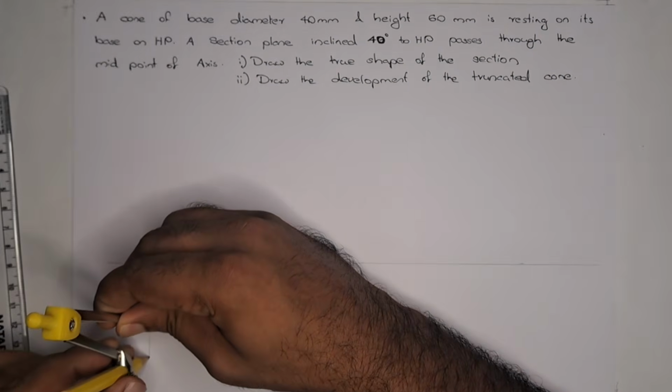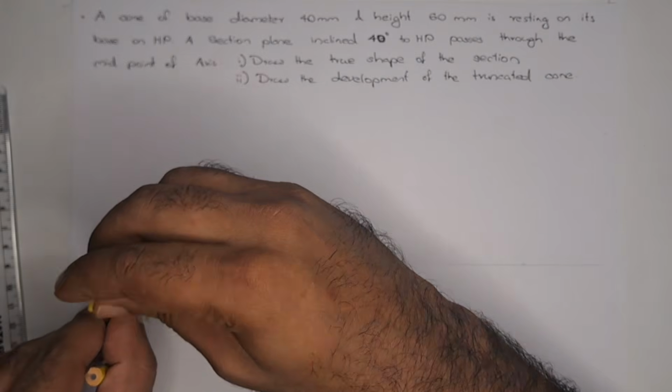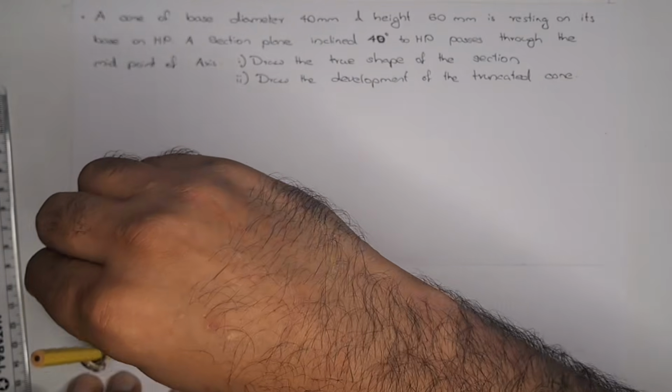We take the radius 20. Now draw a circle.